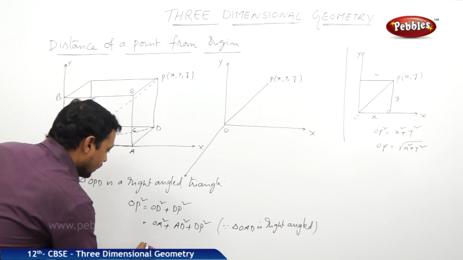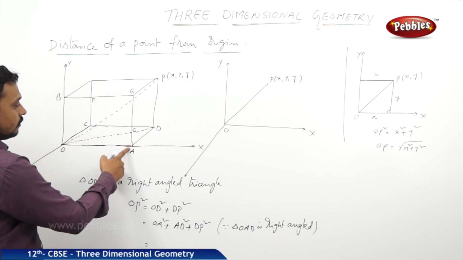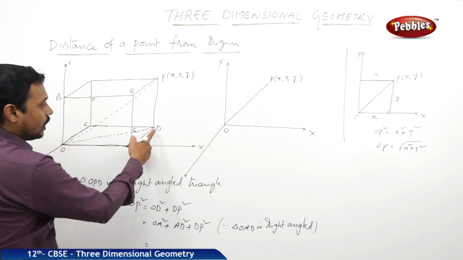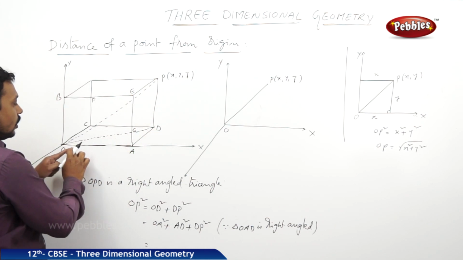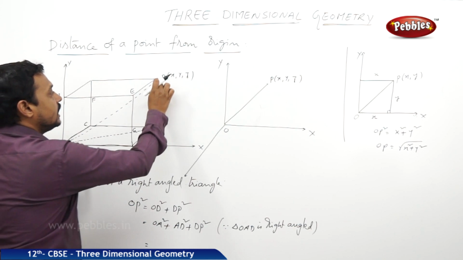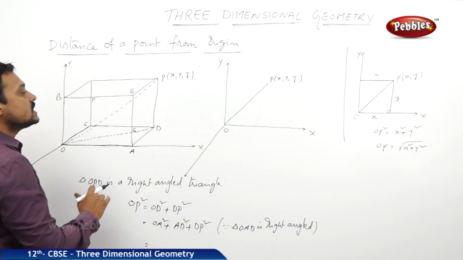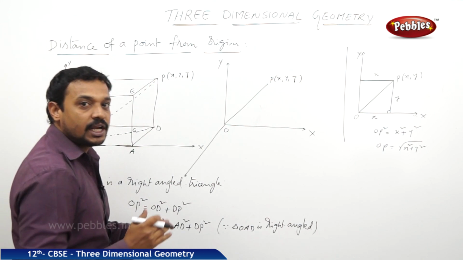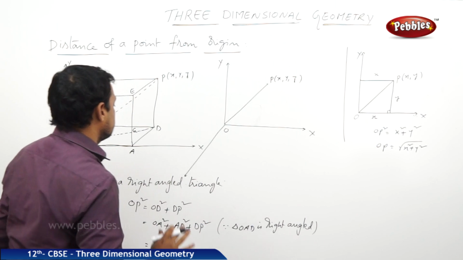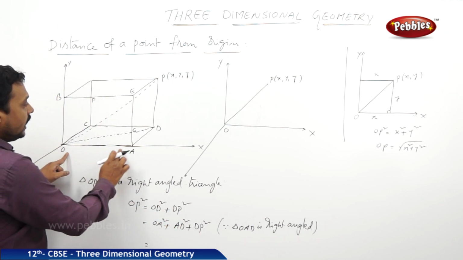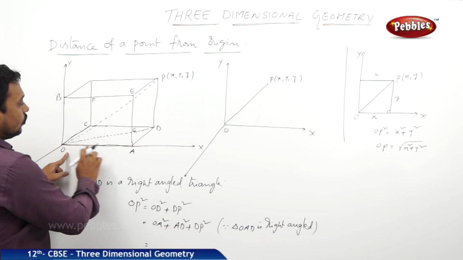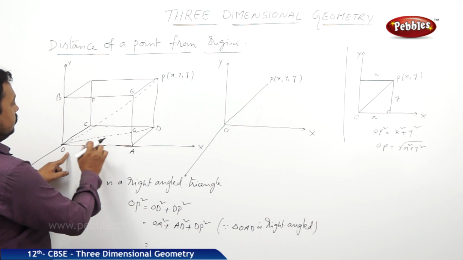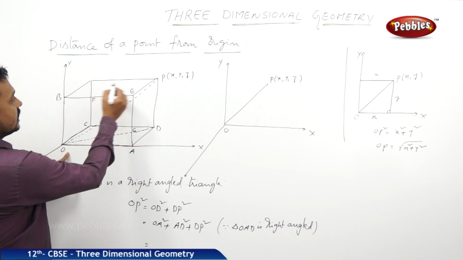Now what is OA square? What is OA? What is AD and what is DP? Now see, OA, AD and DP are the three distances of the point P from the different coordinate planes XY, YZ, ZX. Here let us take some point.